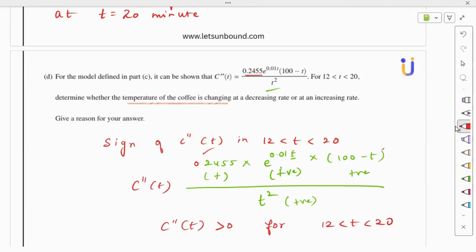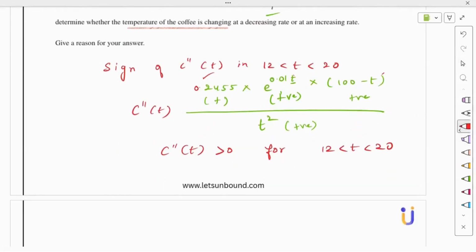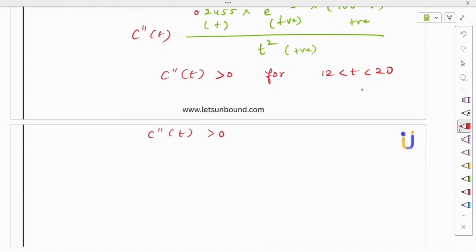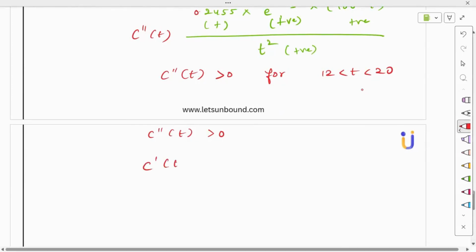Right? So now we got C''(t) is greater than 0. What can you say about the temperature of the coffee? C'(t), the rate of change of temperature, is increasing. If your C'' is less than 0, then C' is decreasing.